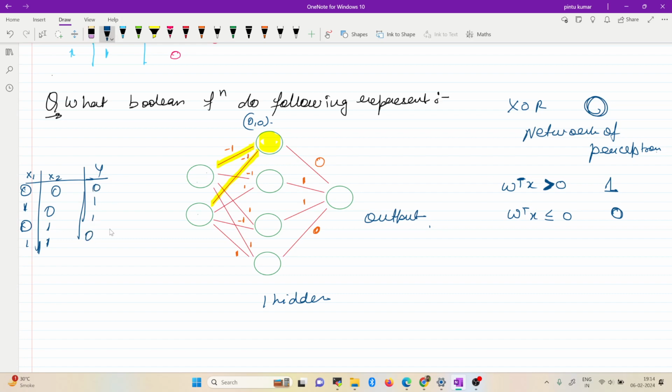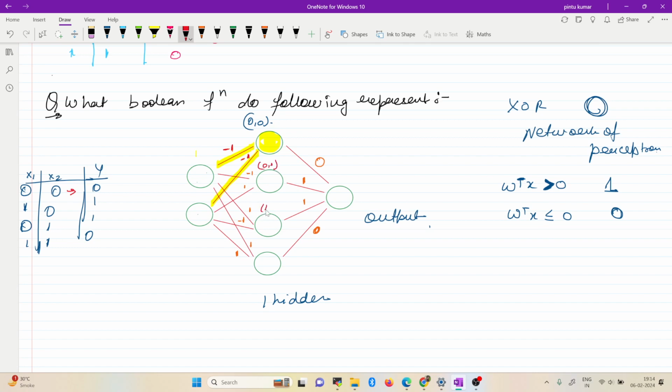So how can I make such a network? The easiest way is, for every network, the first two layers would look the same. The input layer as well as my hidden layer will be the same. For the first one, we'll choose minus 1 and minus 1 as my weights. So this would represent 0, 0. For the next one, I have minus 1, 1. So this would represent 0, 1.